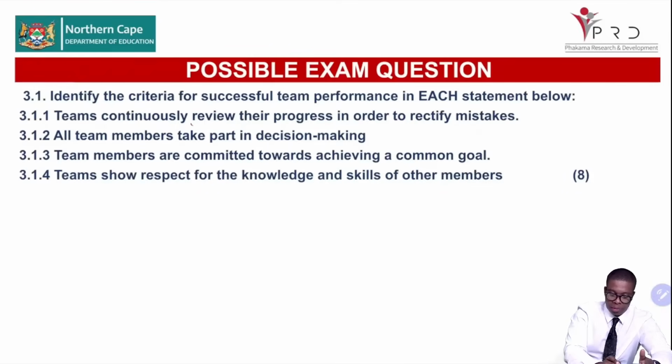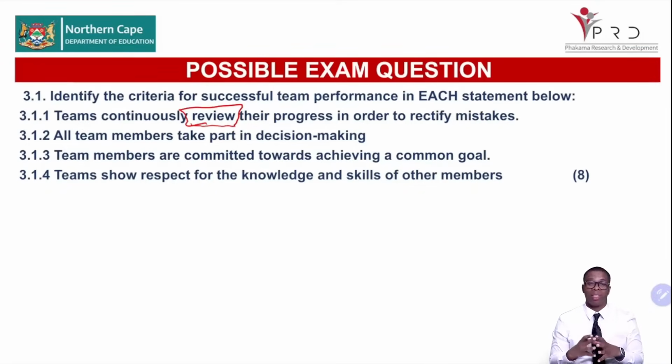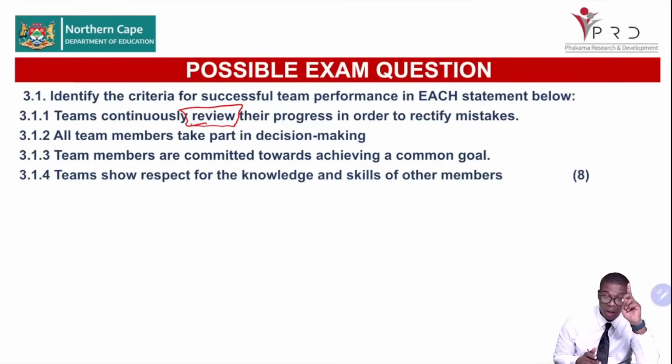What is to review? To review is to sit down as a team and check everything that was done by the team and communicate about it. So that is a key word for us to answer here, to say what criteria is applied by that team. Then all team members take part in decision making.